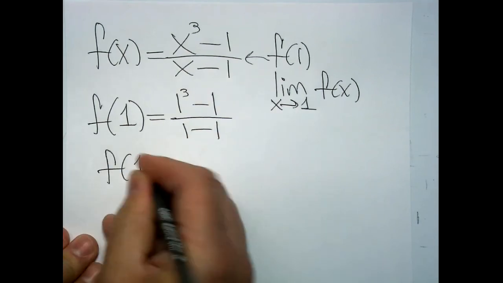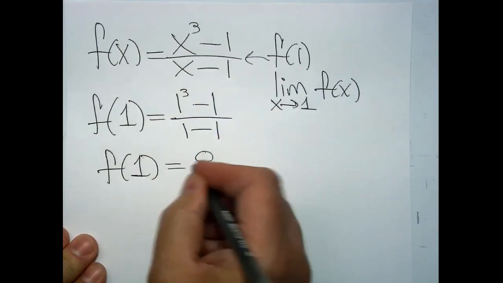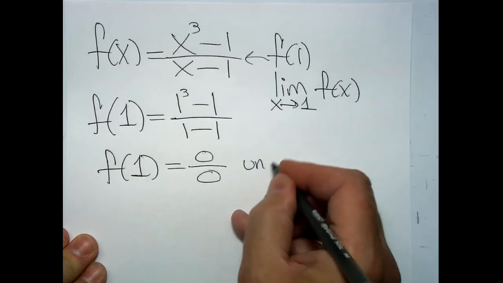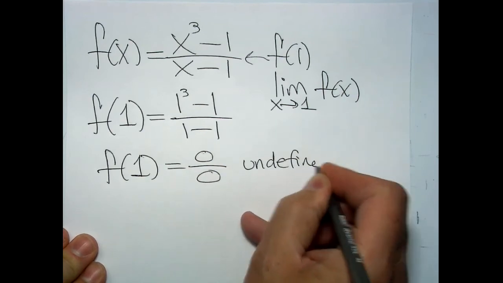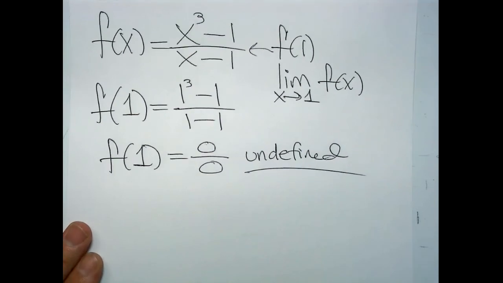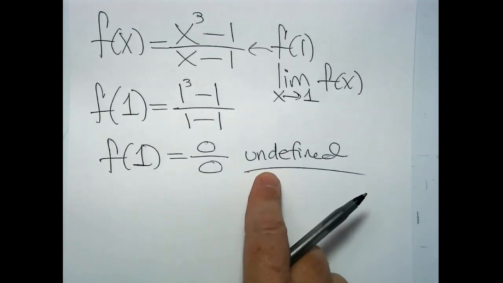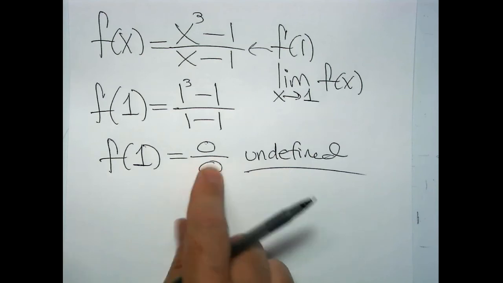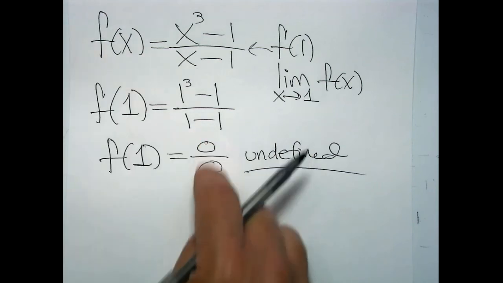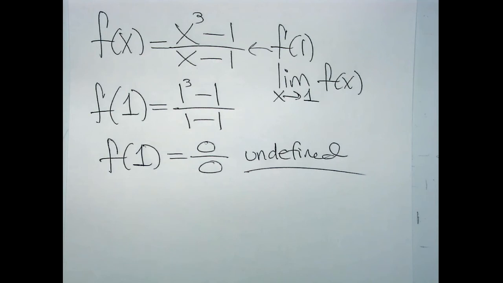The f of 1 is 0 over 0. It is definitely undefined. Now, it's not necessarily undefined because it's infinity. This is that strange undefined case where is the answer 0? Is the answer infinity? Or is the answer 1? It's actually none of the above. It's just simply undefined.